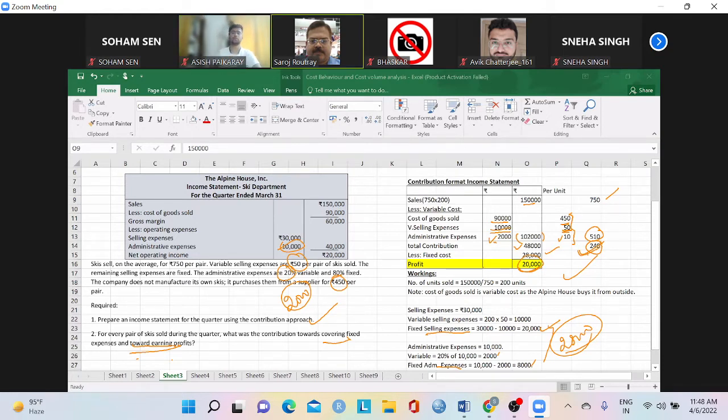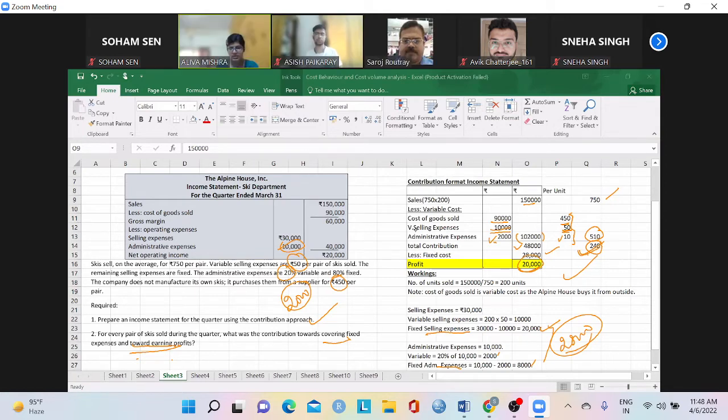For finding out the contribution margin, we have to deduct all variable expenses, right? So we have variable expenses like 450 cost of goods sold, because every unit you buy, you have to pay 450. Then 50 variable expenses per ski sold, variable selling expenses, it may be commission or something.